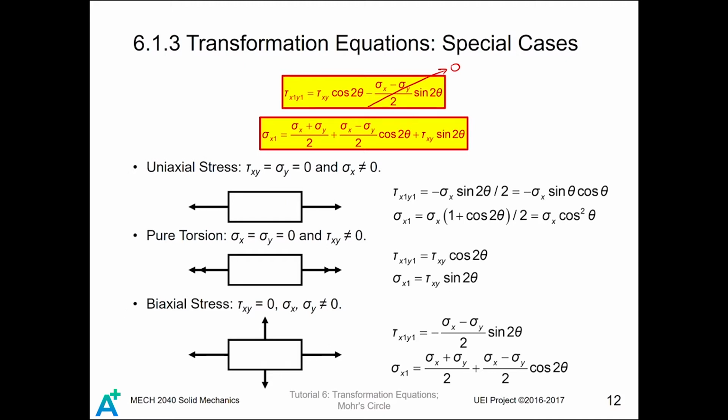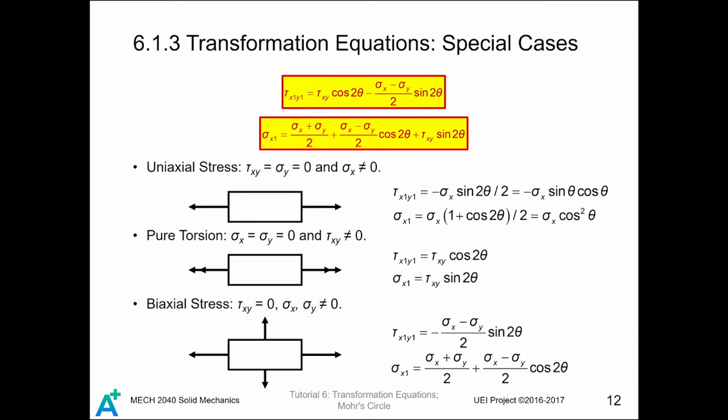Besides, for the direct stress on the inclined plane, sigma x and sigma y equal 0, so the two terms in the front are eliminated. What rests in this formula is just tau xy sine 2 theta. Therefore, the direct stress in the x1 direction is given by tau xy sine 2 theta.